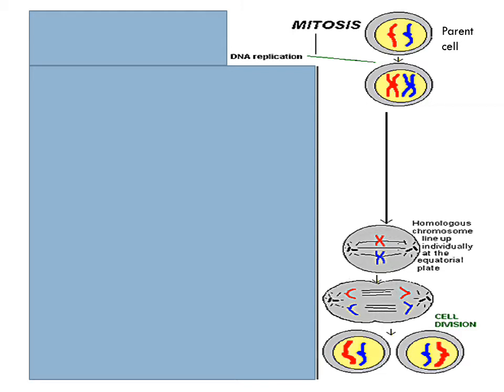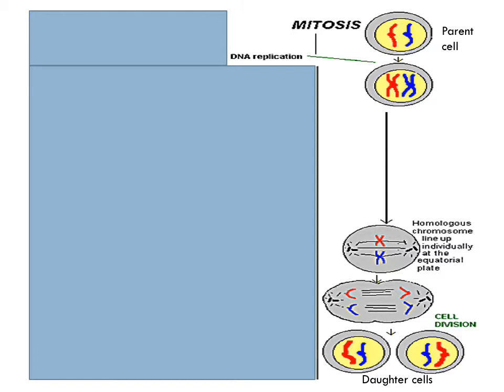At the end, we have two cells, one that has one red chromosome and one blue chromosome, and the other has a blue chromosome and a red chromosome. These are called daughter cells. They are called daughter cells because they came after the division of the parent cell. Again, this has nothing to do with having babies.